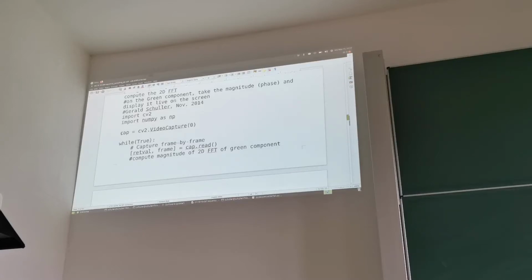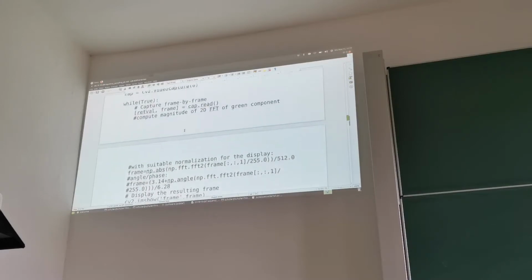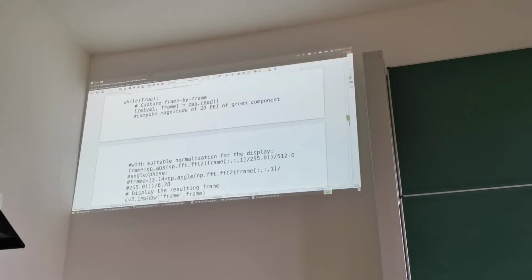This first line sets up an object, cap, which is connected to the video capture device of our laptop. And then again we have this infinite for loop. Here, with the function read from the object cap, we can access one frame.